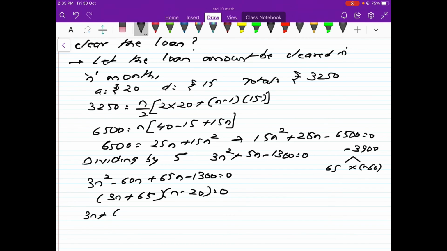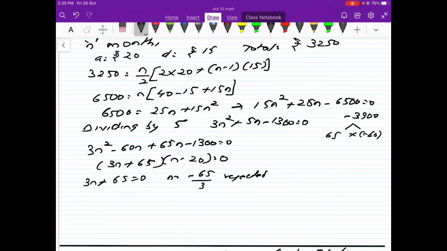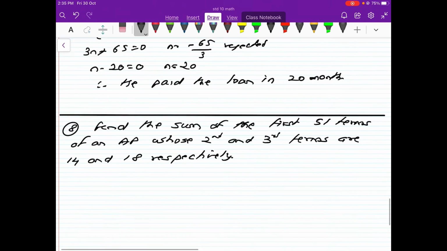If we take 3n plus 65 equal to 0, we are getting n = minus 65 upon 3, it is rejected. You cannot have a number of terms like this. So n minus 20 is equal to 0 means n is equal to 20. Therefore we can say he paid the loan in 20 months. So this is one.